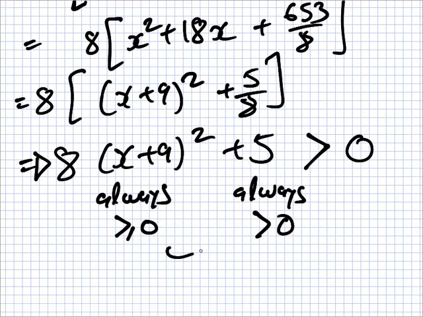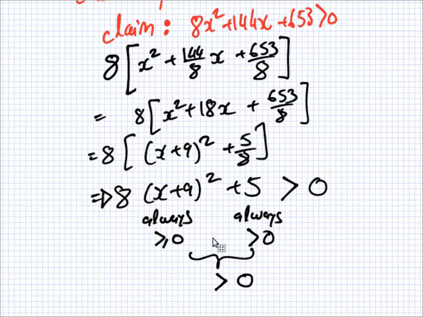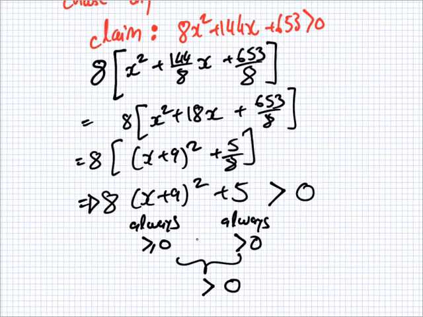So when you have two things which are added together, one of them always bigger than or equal to 0, and the other one always bigger than 0, the result is always bigger than 0. So that is the end of the proof. If you have two numbers, one which is 0 or greater, and the other one is greater than 0, and you add them together, the result is always greater than 0.